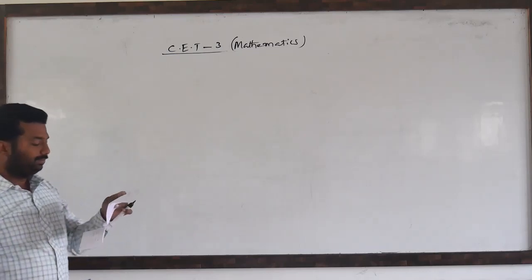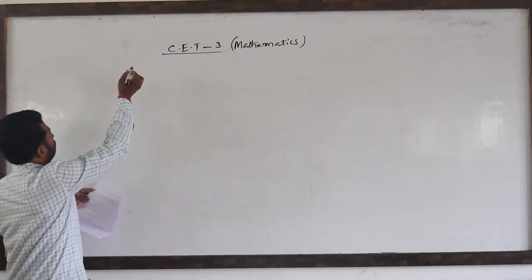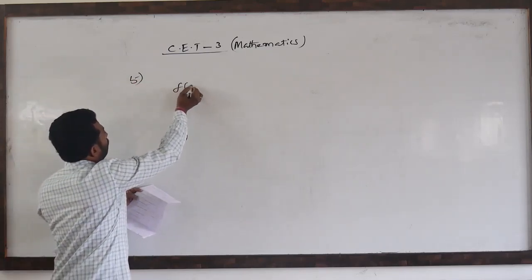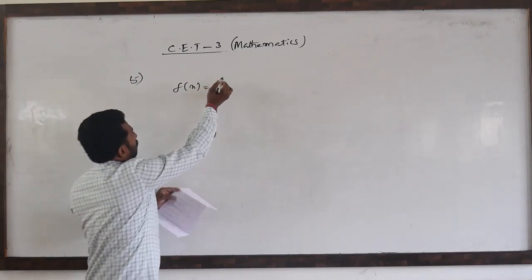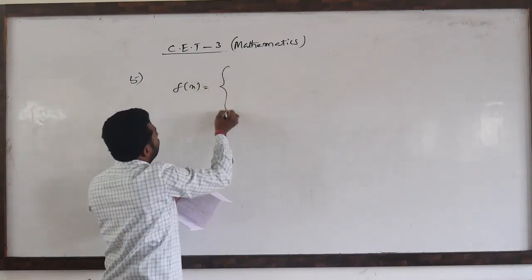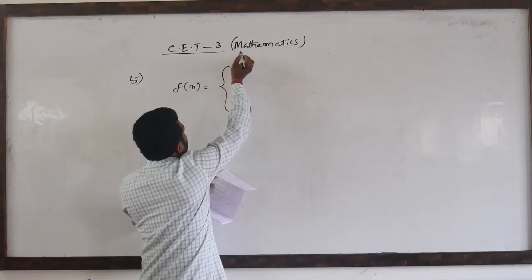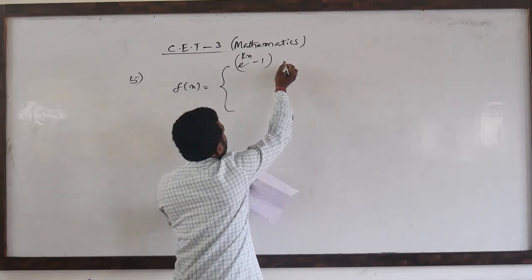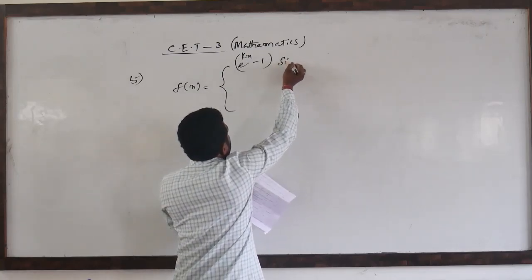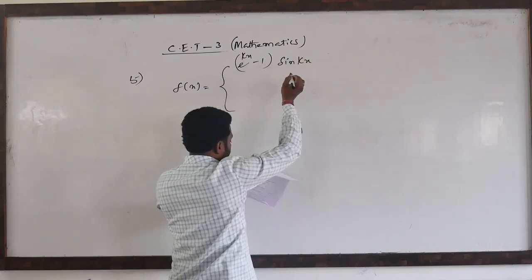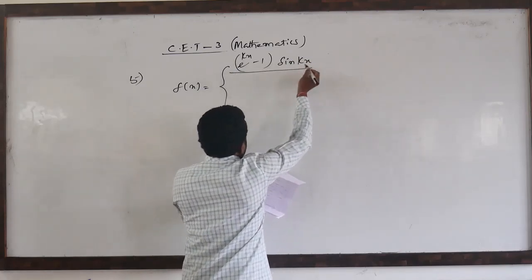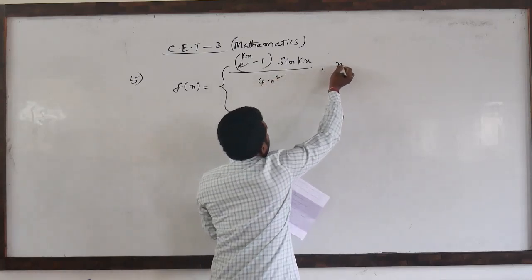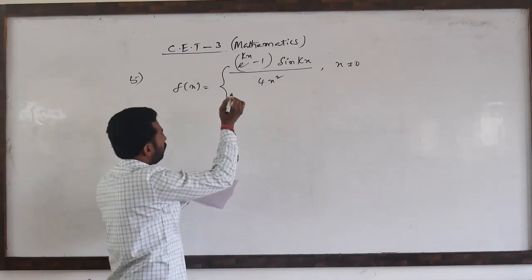Fifth question. How they define f of x: e to the power kx minus 1 into sine of kx divided by 4x square, whenever x is not equal to 0.